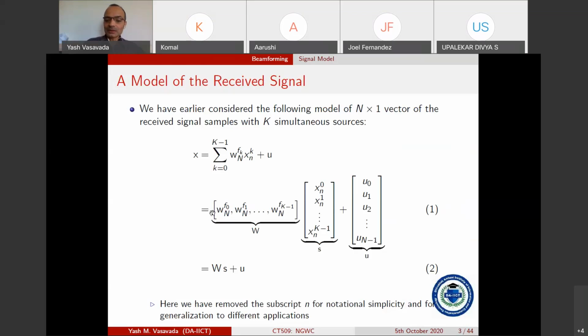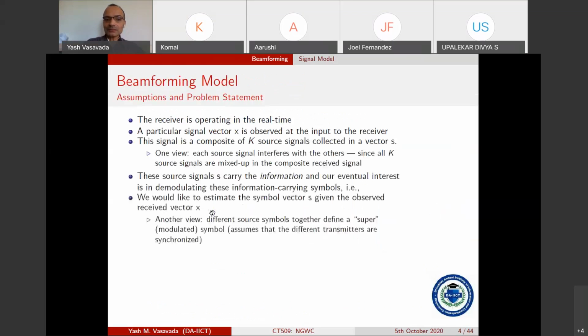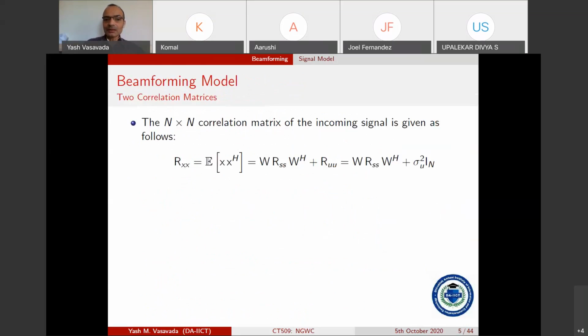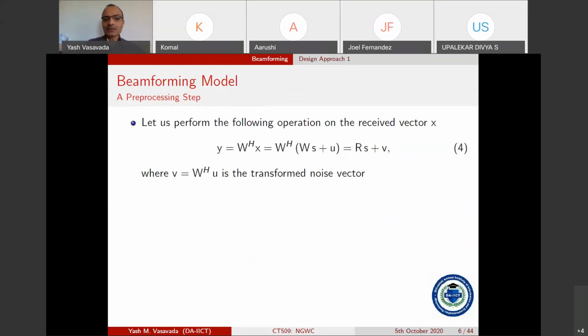And so over here, if I think of this vector Y as coming out of a total of capital K different filters, then all of those K filters are actually matched to the individual array vectors.